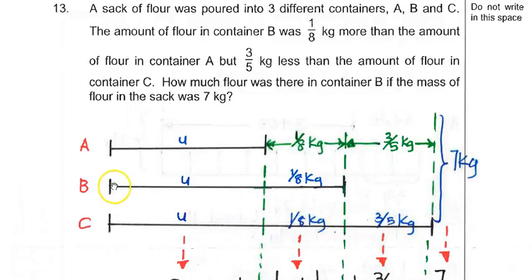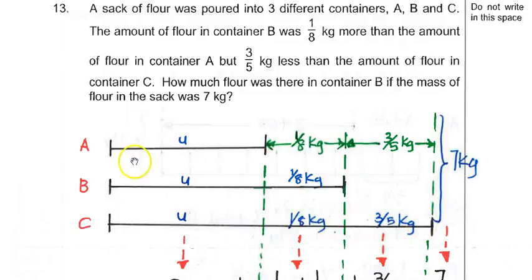It shows you B is 1/8 more than A. This is the difference, 1/8. Now, after that, B is 3/5 less than the amount of flour in C.